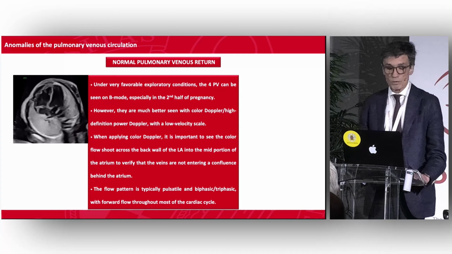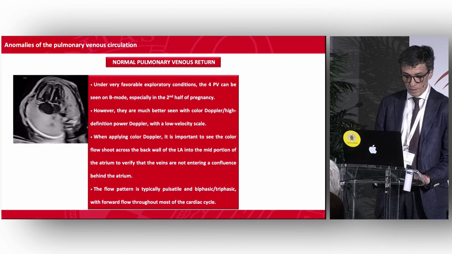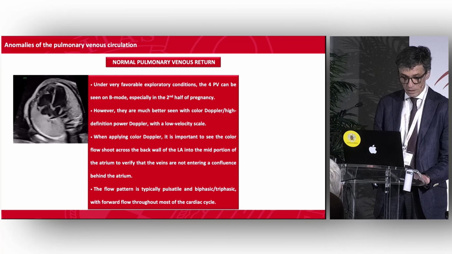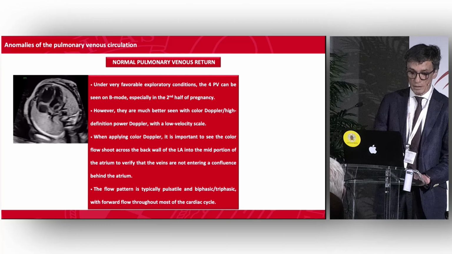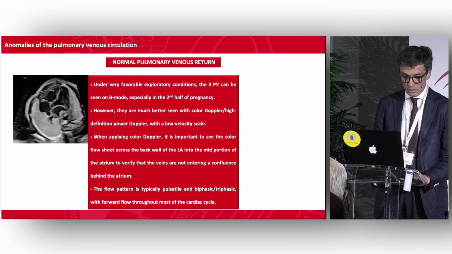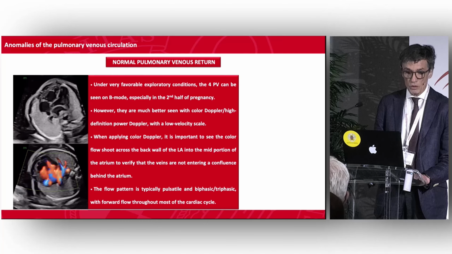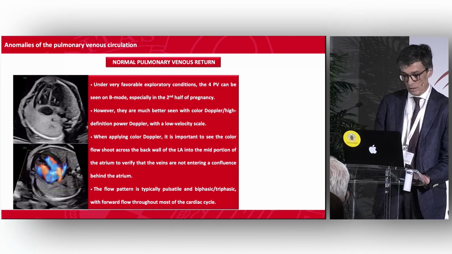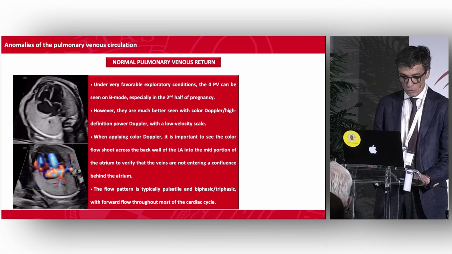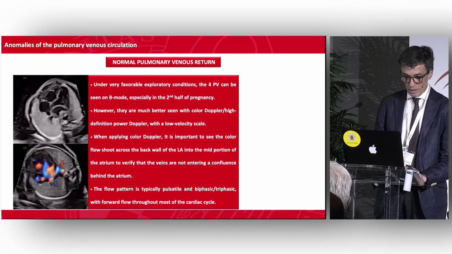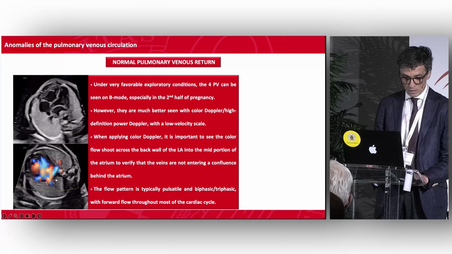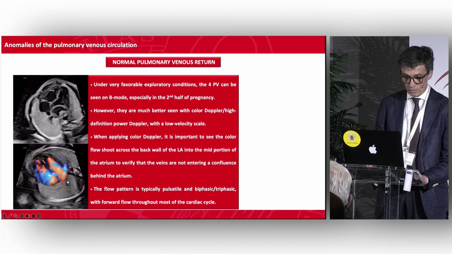From the prenatal ultrasound, under very favorable conditions, we may see the 4 pulmonary veins in B-mode by sweeping the transducer slightly, but they are much better seen using color Doppler, with low PRF to detect slow motion, and to see the 4 pulmonary veins entering the left atrium.